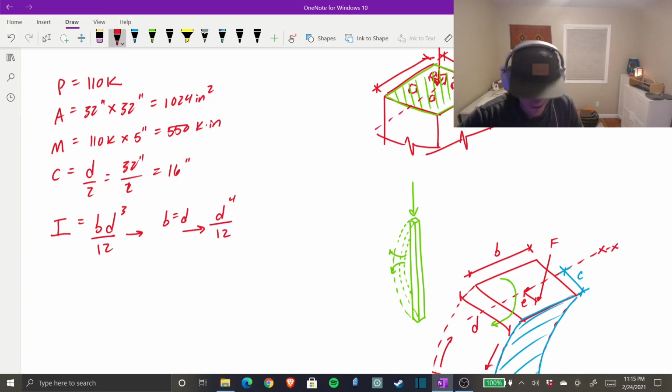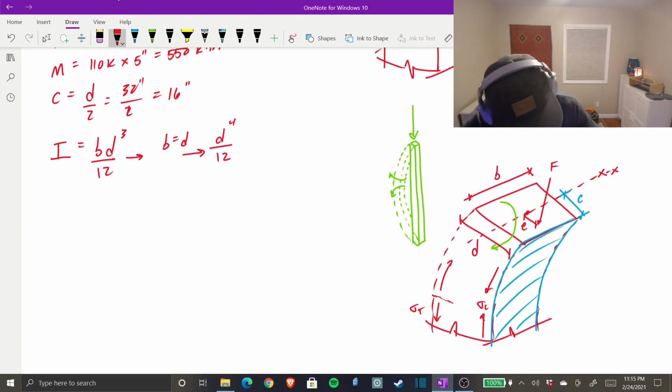Okay? But again, that's just for a square. BD cubed over 12 is for a rectangle. And that is for the rectangular shape of this internal cross-section of the column, okay?